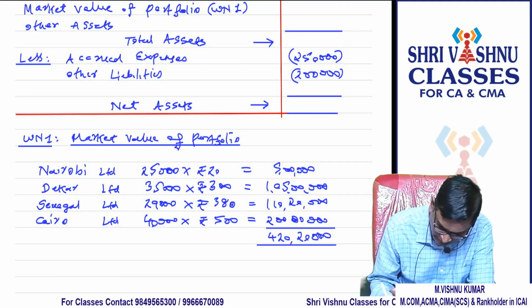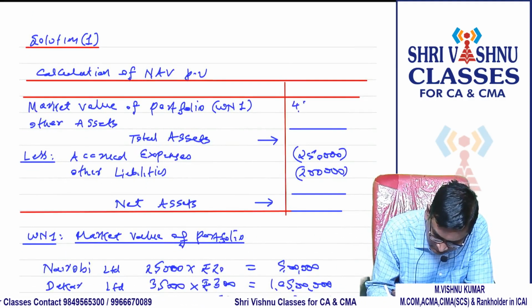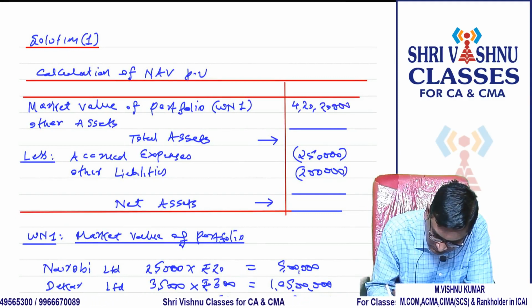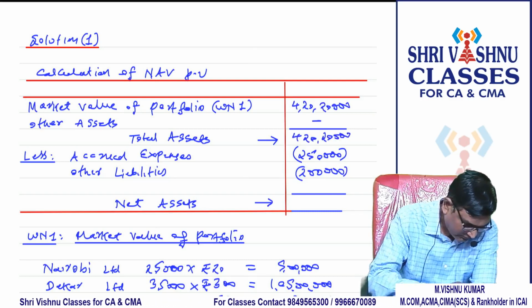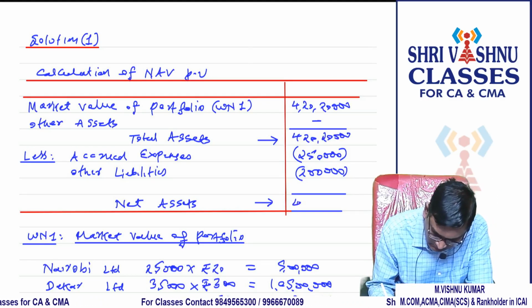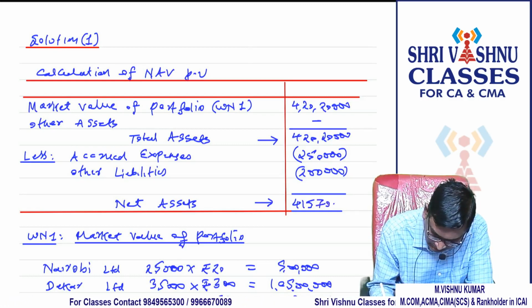So 4 crore 20 lakh 20,000. Other assets not available. Minus 450. So 4 crore 15 lakh 70,000.